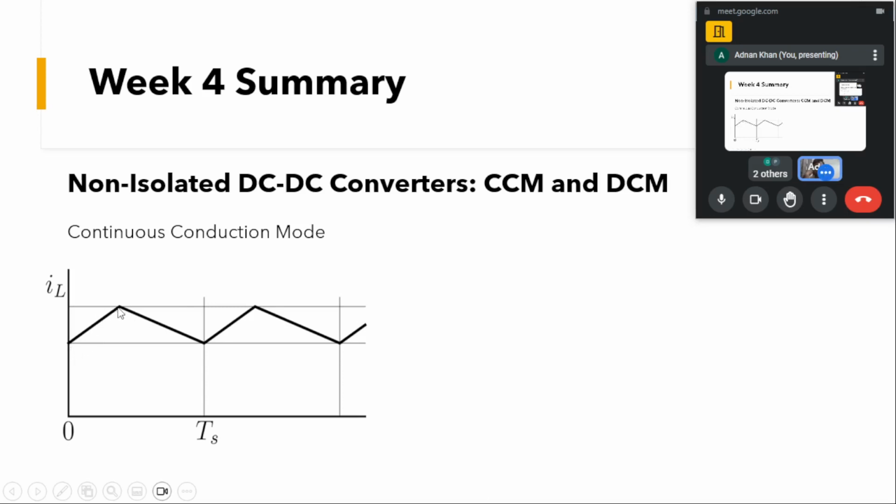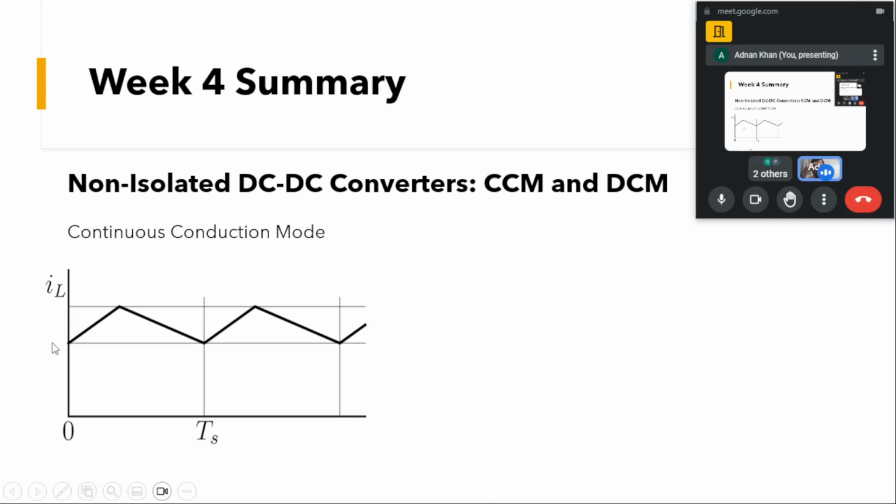If you see from the highest peak of the current to the lowest peak of the current, what we call the ripple is the variation between the top peak and the lowest peak. This current will have some average value, and over the average value we have some ripple, and the average will be somewhere here, and here the current is in continuous conduction mode.